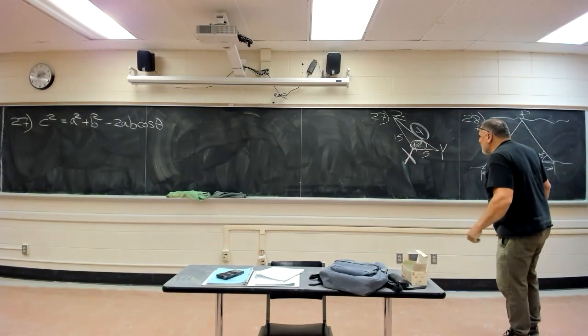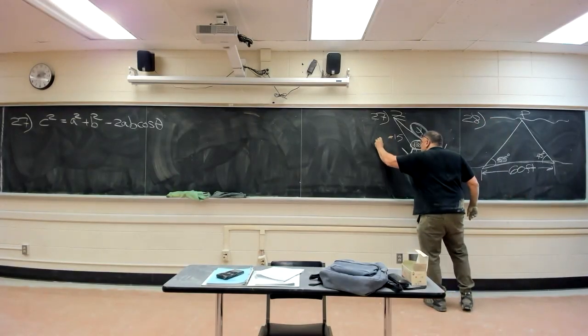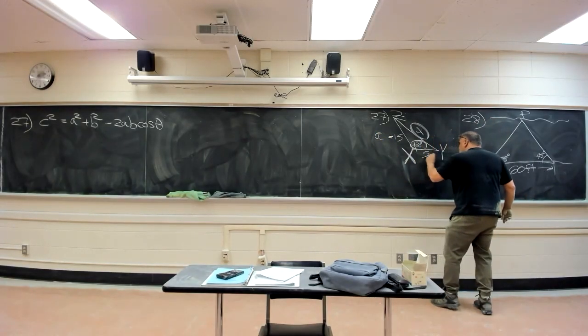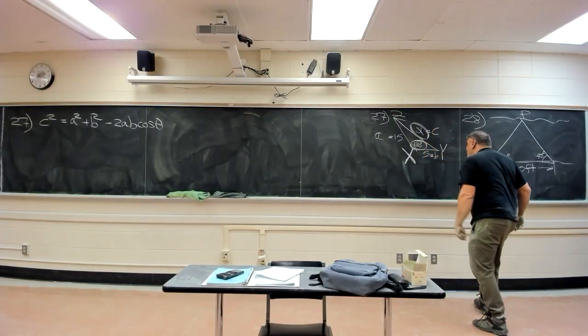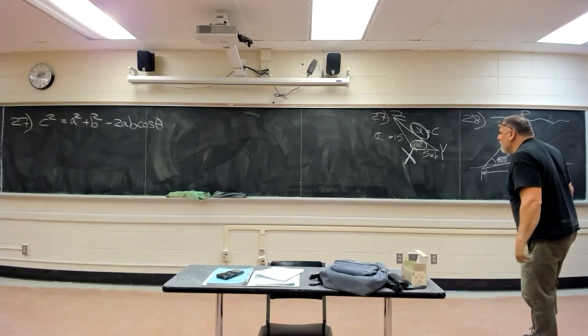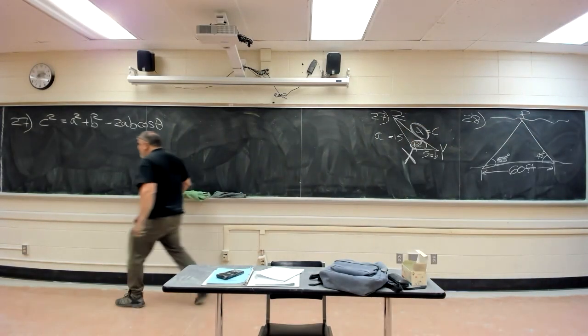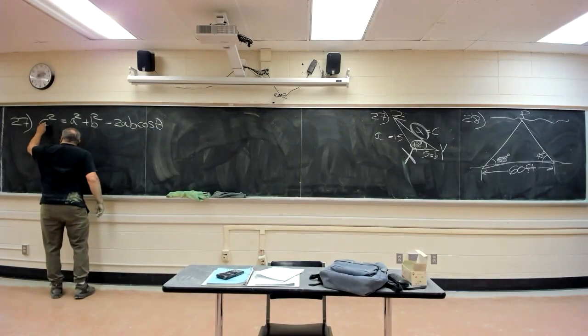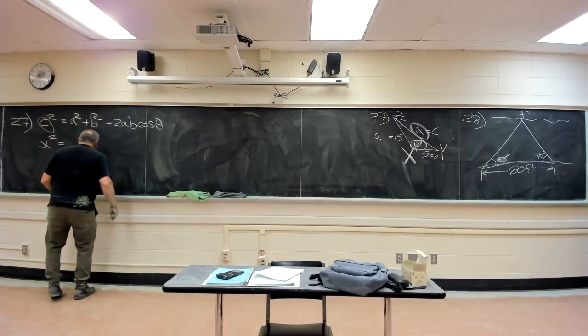The big X is going to be the theta under consideration. We'll call this guy A, call this guy B. Doesn't matter which one you call A or B. Call the longest side, or at least the side under consideration, C. Probably calling it C is a real good move. So C is equal to X, and X is what you're trying to find. So C squared is going to be X squared.